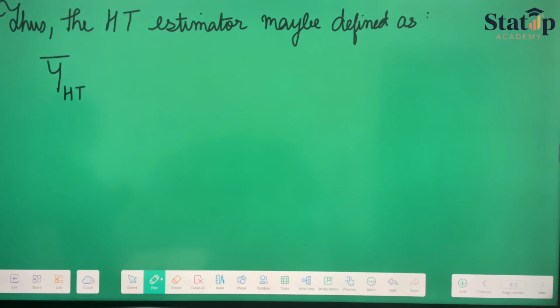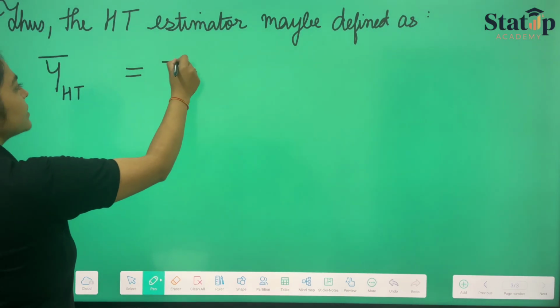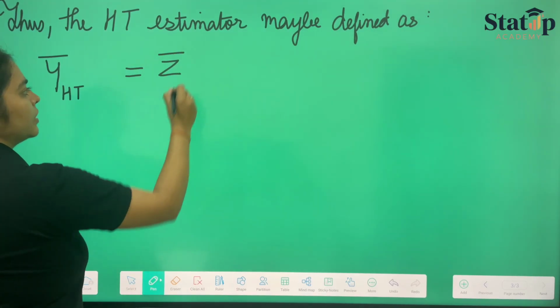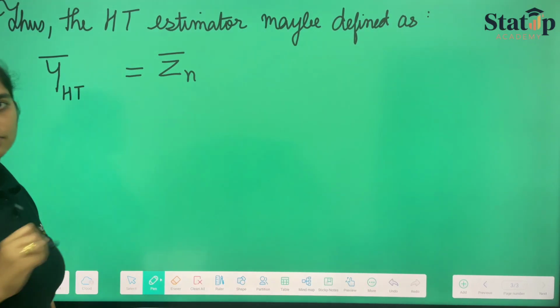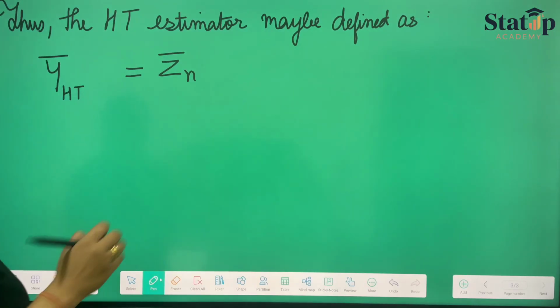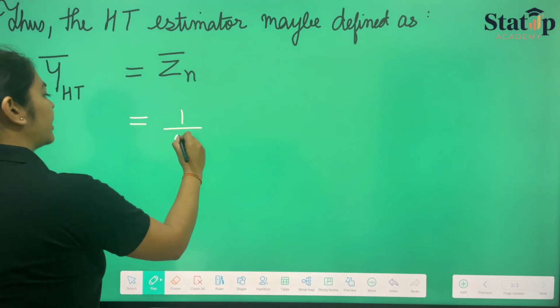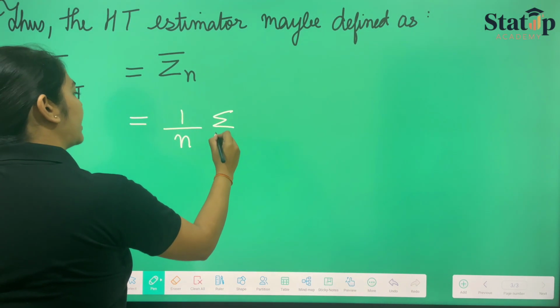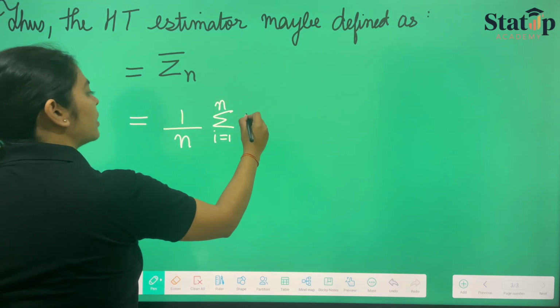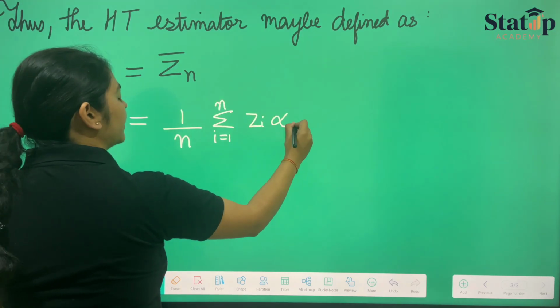This is the Horvitz Thompson estimator, or we can also write it as z bar n, which is nothing but 1 upon n summation i goes from 1 to n of zi alpha i.